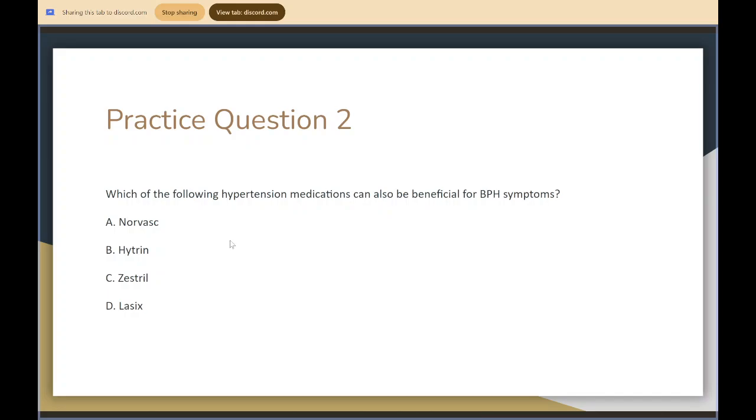Which of the following hypertension medications can also be beneficial for BPH symptoms? Choice A is Norvasc, choice B is Hytrin, choice C is Zestril, and choice D is Lasix.